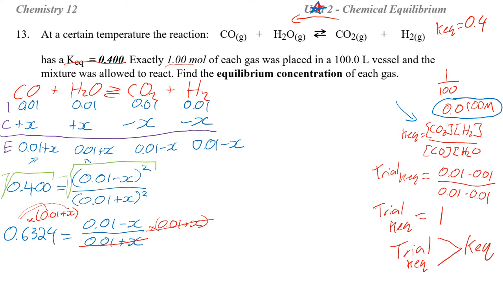So it'll be 0.006324. And then plus, and then the 0.6324 times this x is just going to be 0.6324x.